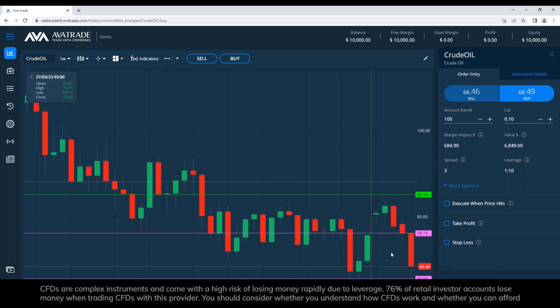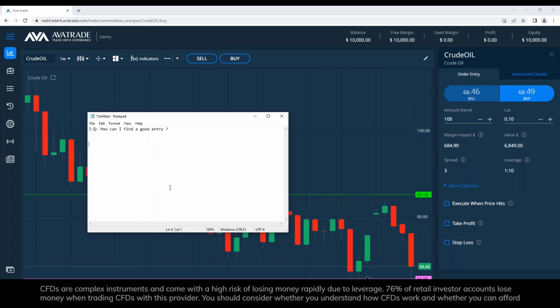Now, it could go further down, but it will go down if something fundamental happens. So this is not related to finding an entry. An entry is something that we usually use technical analysis for, but we must also acknowledge the fundamentals.